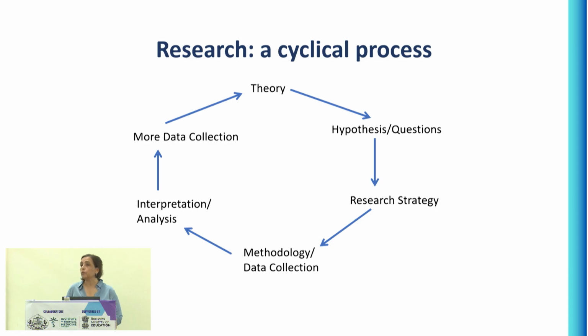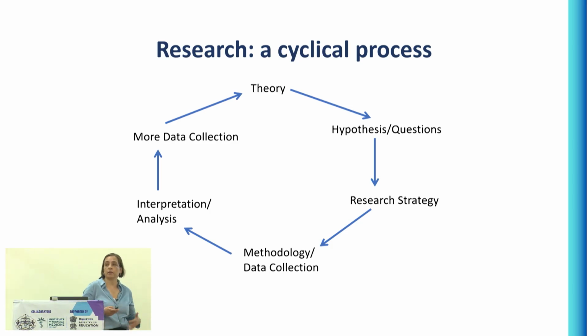From questions, we move to a research strategy. And that strategy usually involves thinking about a design, an overall methodological approach, and maybe a setting and a population. And then we move into the actual methodology, the methods of data collection, the way I'm going to conduct myself in the field.